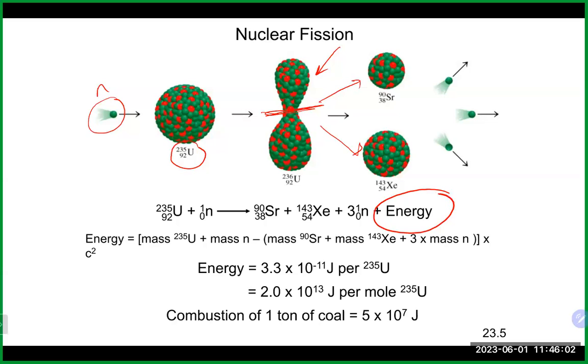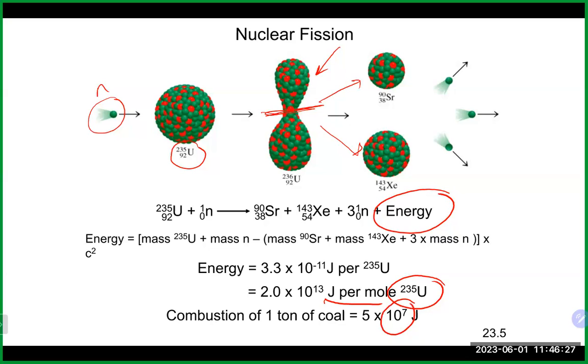As we talked about earlier in the chapter, this fission reaction does generate a lot of energy. You get something like 10 to the 13 joules of energy for every mole of uranium that you use. In comparison, if you took coal and did a combustion of coal, it's like 10 to the 7th.